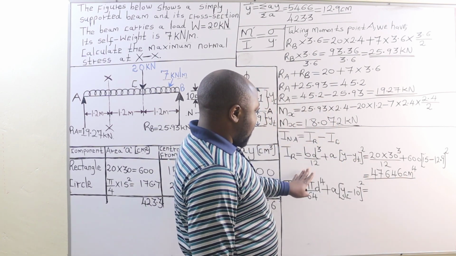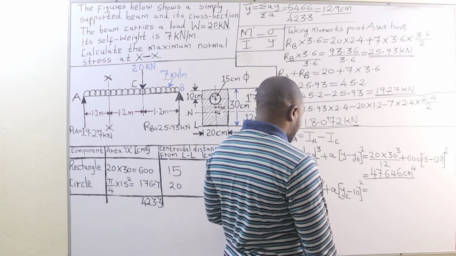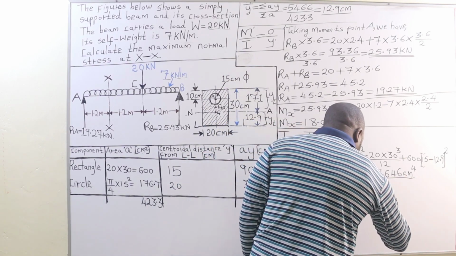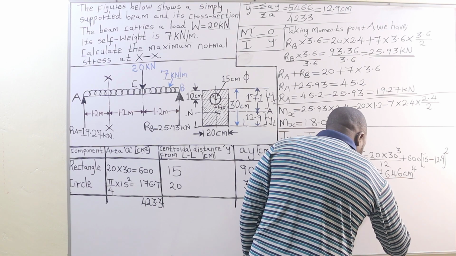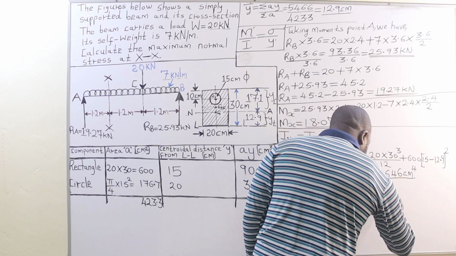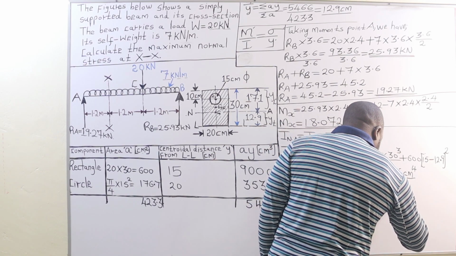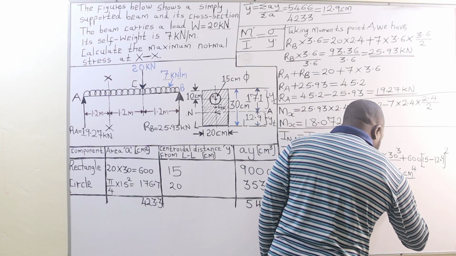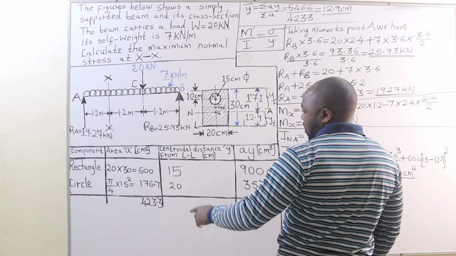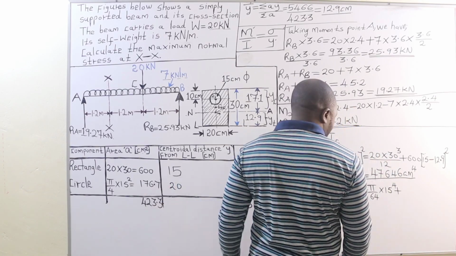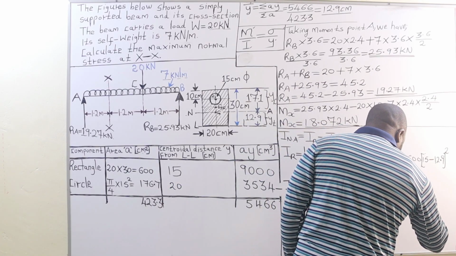Now, this will lead us to pi over 64. Therefore, we got pi over 64 times the diameter of the circle, 15 centimeters. Therefore, 15 raised to the power of 4 plus the area of the circle, 176.7 square centimeters.